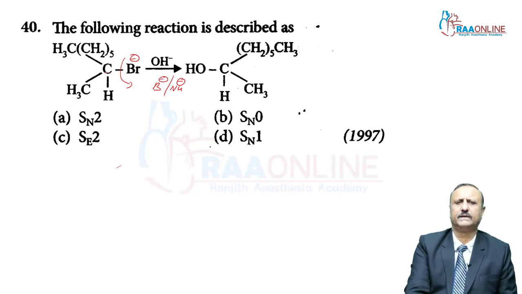That is why this is an SN2 type question, and inversion occurs, but a carbocation is not formed. Because carbocations are not formed in SN2, only transition states, this is an SN2 reaction. So we go to option A.